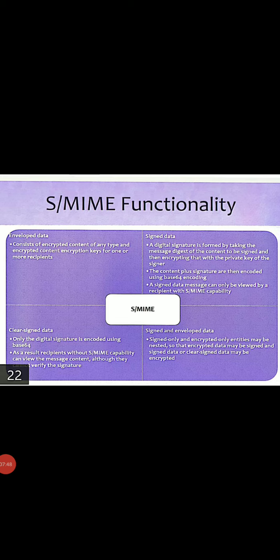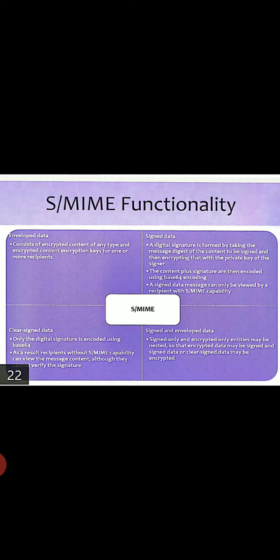To make the signed data MIME entity, we select either SHA1 or MD5. Then compute the message digest of the content to be signed and encrypt the digest with the signer's private key.